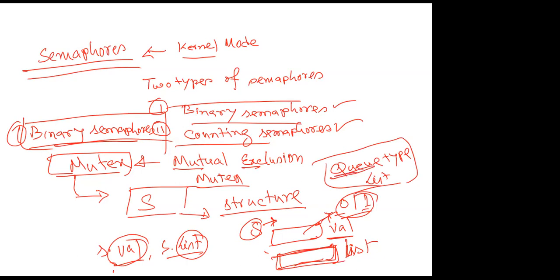So a binary semaphore is a structure type variable with two fields: a value field containing either 0 or 1, and a list field that maintains a queue.